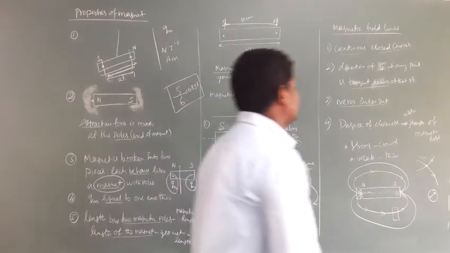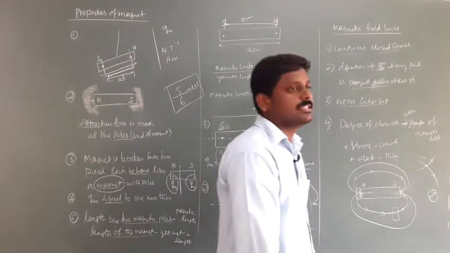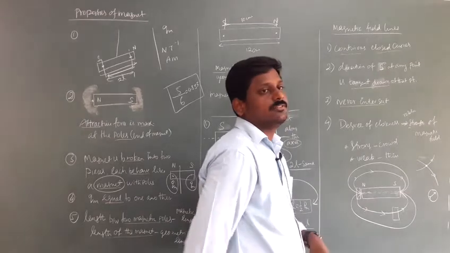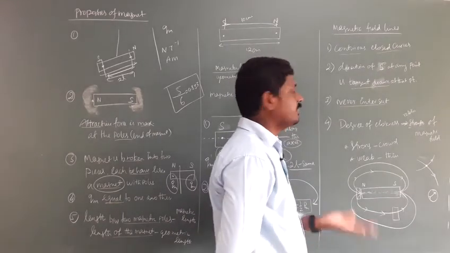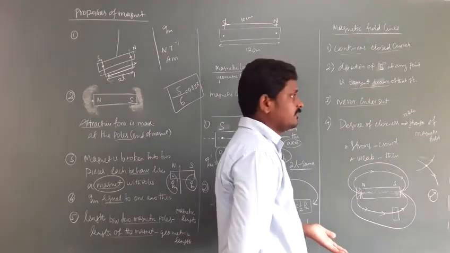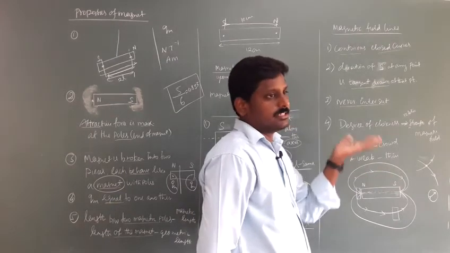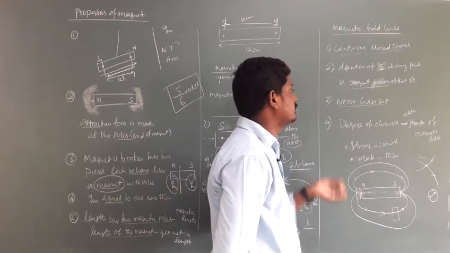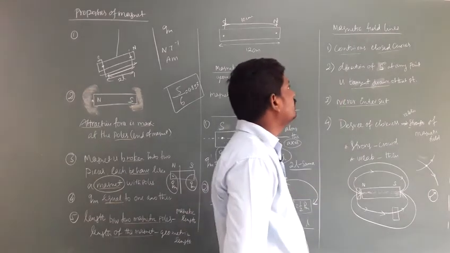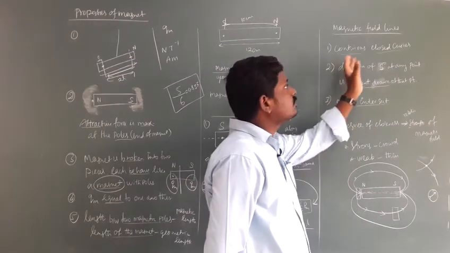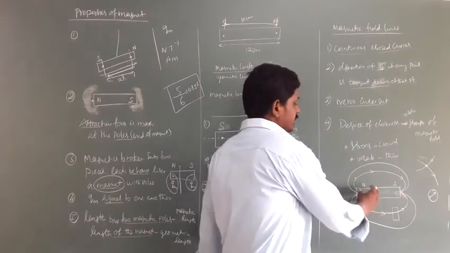Finally, magnetic field lines. So magnetic field lines are similar to electric field lines. Electric field lines start from positive, end at negative. They never intersect. The direction of the electric field is a tangent drawn at the point. So the same thing repeats in the magnetic field. So magnetic field lines are continuous closed curves. So take a bar magnet.